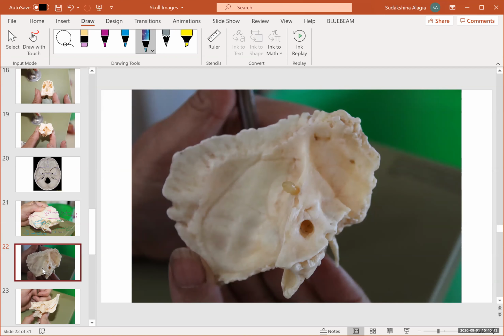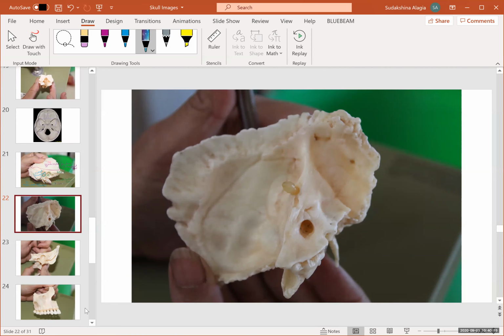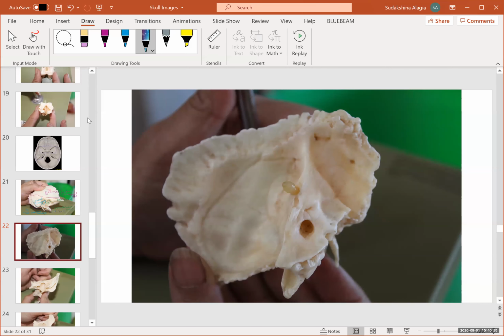These images again don't show all of the structures. I tried to take pictures of all of the temporal bone, but you can only hold it a certain way and you can learn the structures. Let me see if you can see both the carotid canal and the internal auditory meatus. A little bit of assumption there.